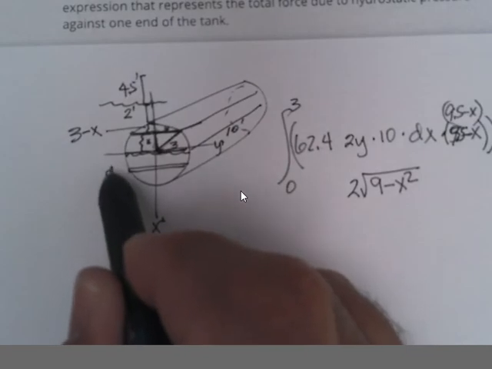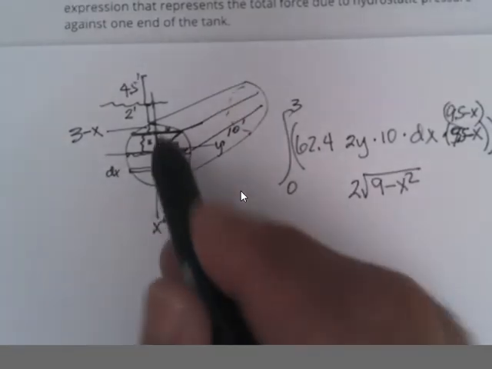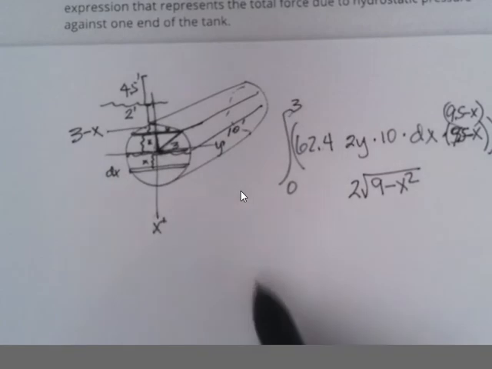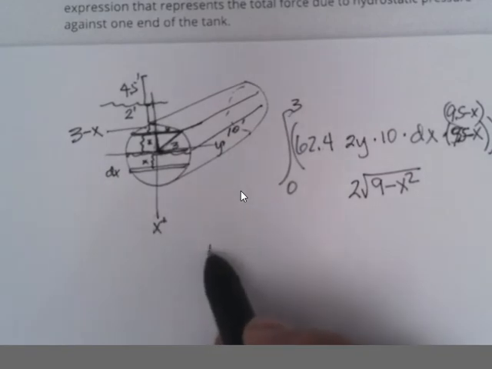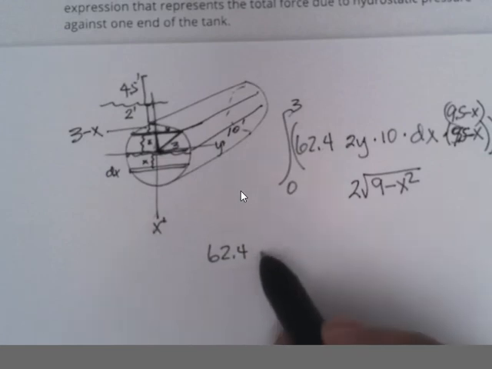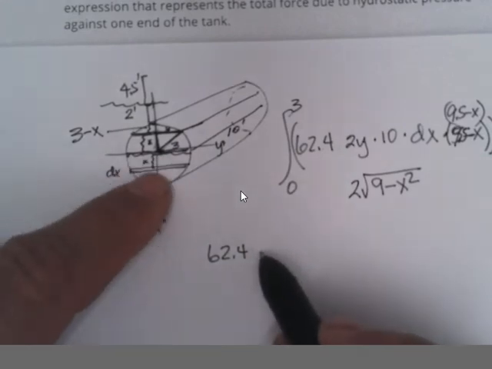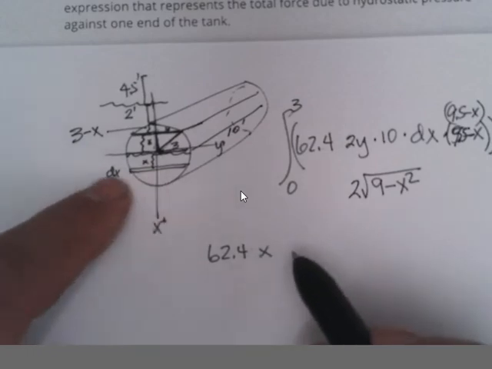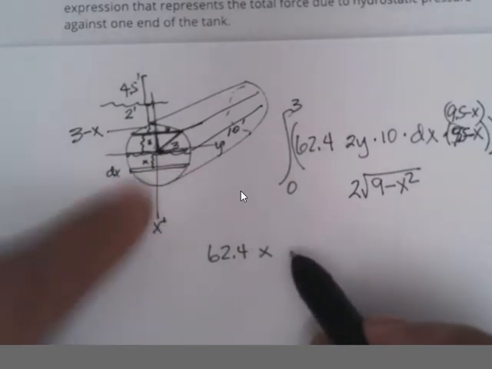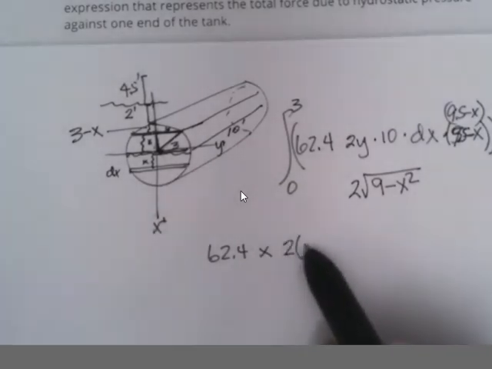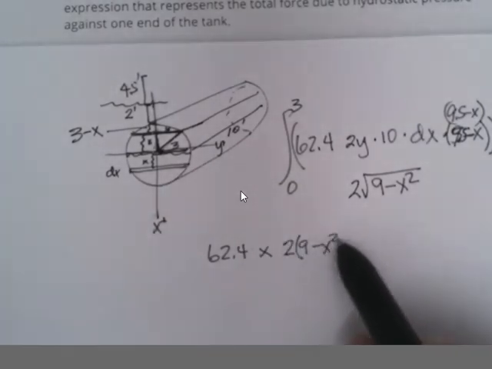So the thickness is dx, and we're going to be this deep in the water, which is x. So the hydrostatic pressure is 62.4 pounds per cubic foot times x deep, which gives us the pressure, times the width, which is going to be 2 times 9 minus x squared.